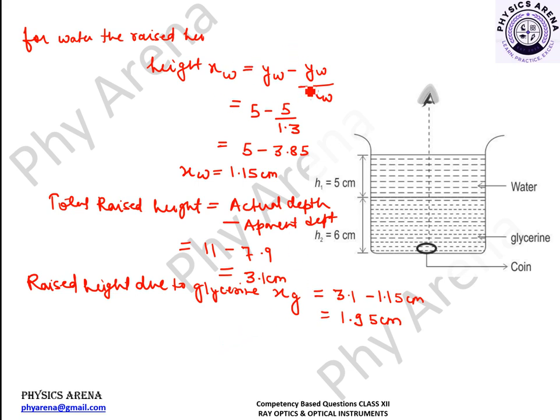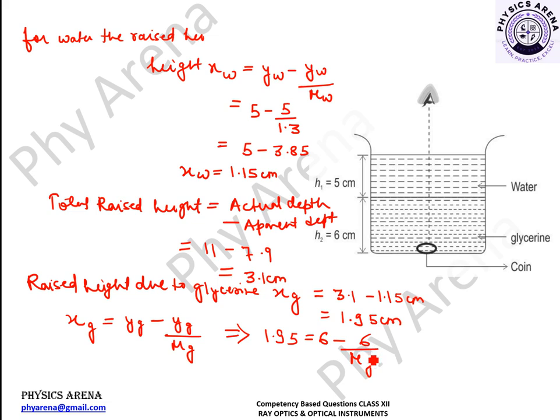Now we can apply this formula for glycerine to find out the refractive index of glycerine. The raised height for glycerine is equal to the actual depth of glycerine, that is y of G, minus actual depth of glycerine divided by refractive index of glycerine. So x for G is 1.95, and the actual depth of glycerine is 6 centimeter. Glycerine is filled up to a height of 6 centimeter. So it will be 6 minus 6 divided by the refractive index of glycerine.